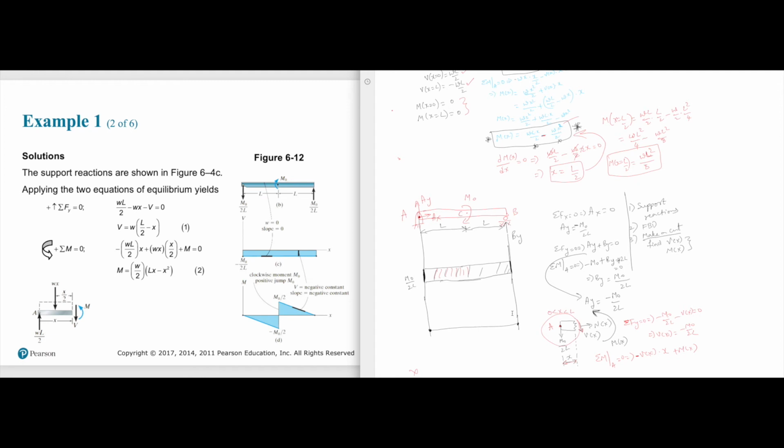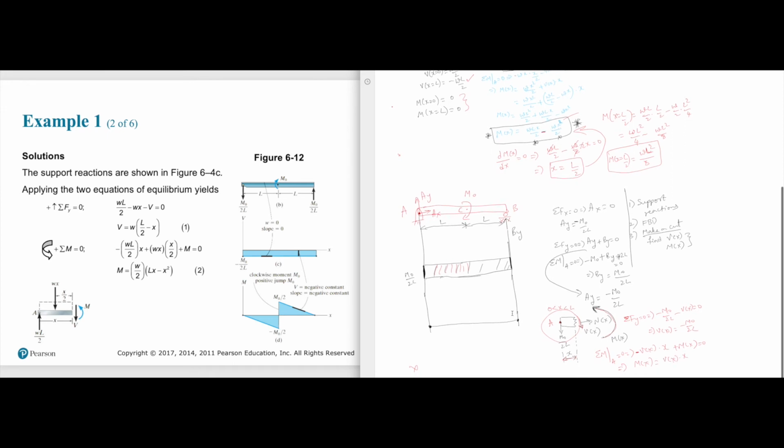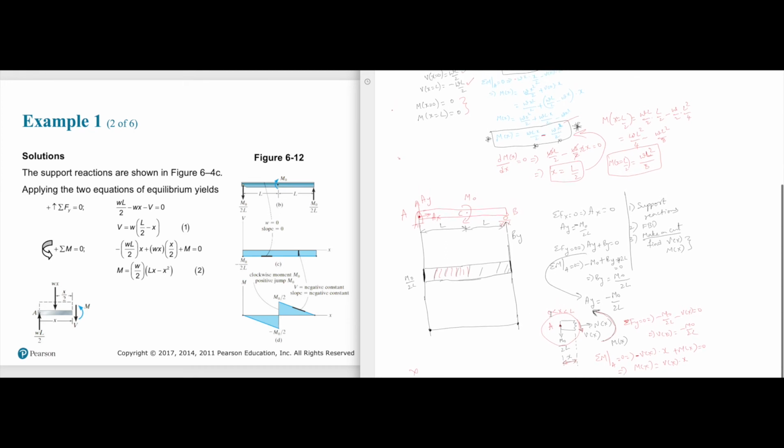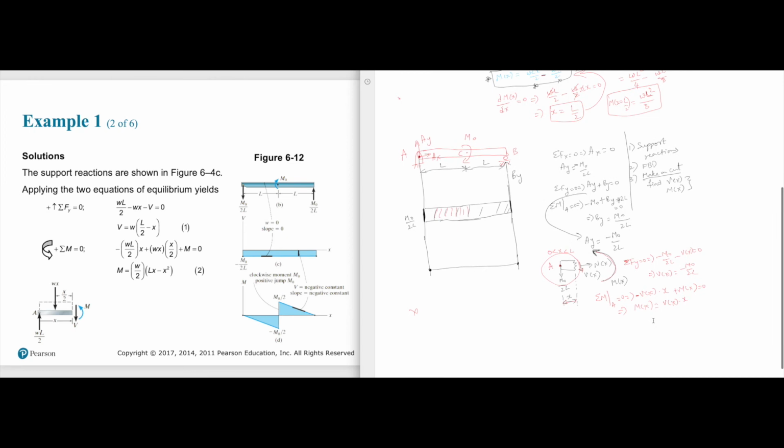And M of x, we already assumed, is counterclockwise, so it equals 0. That implies M of x is V of x times x. What is V of x? Negative M naught over 2L times x.